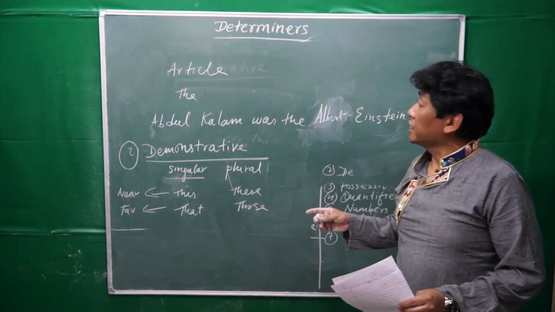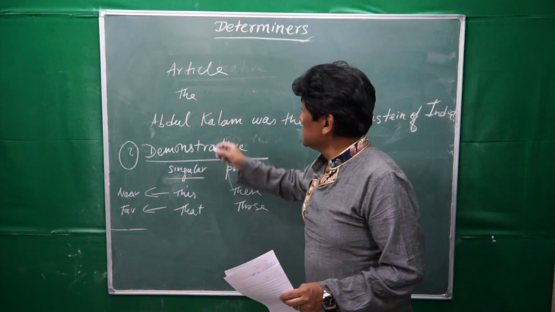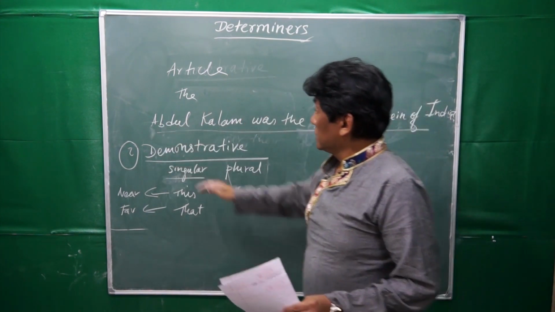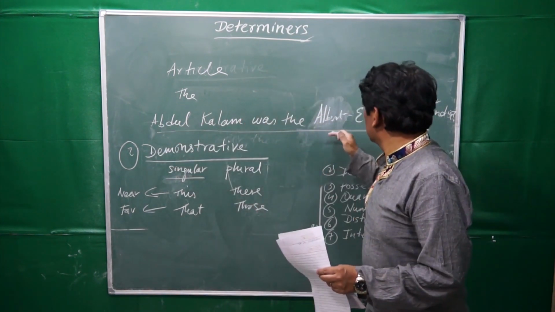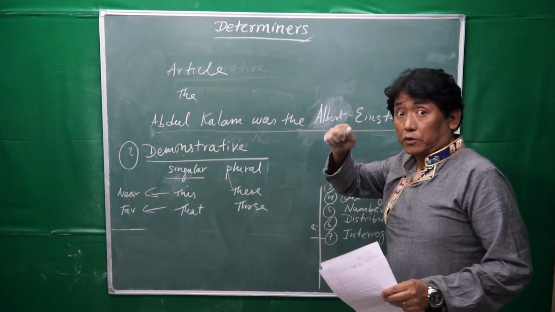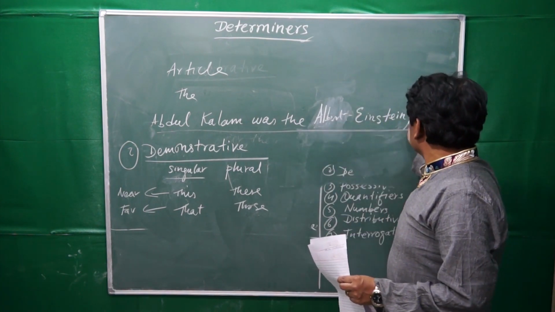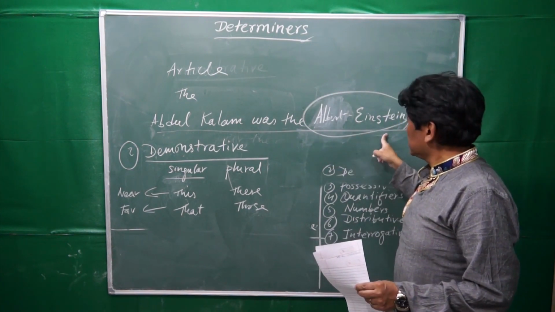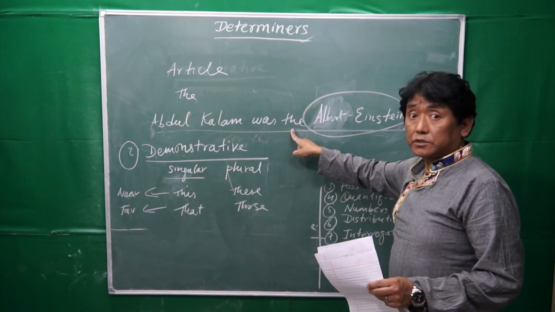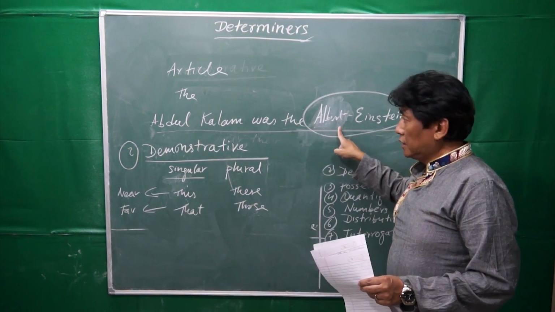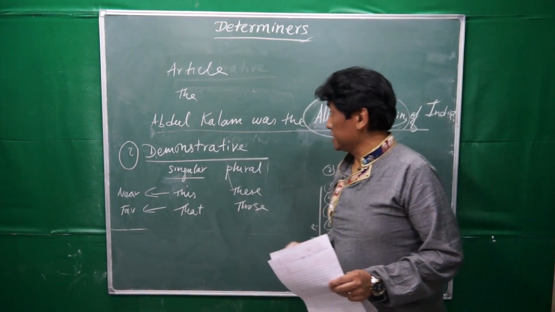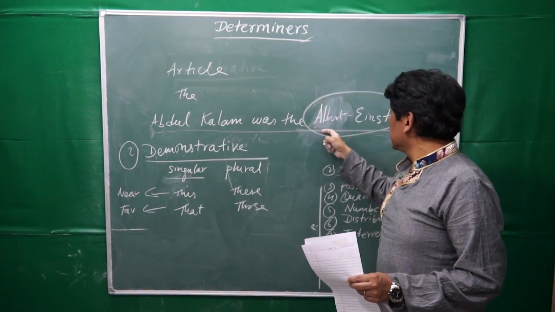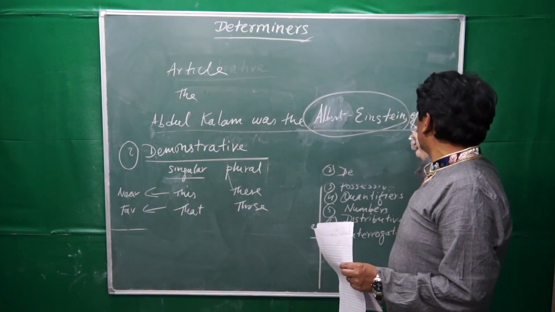Now to move on to the next rule of article, I have a sentence for you. We have talked about this in our previous points also. This is a proper noun, right? Albert Einstein. You can see that "the" is used in front of this proper noun. Read this sentence first: Abdul Kalam was the Albert Einstein of India.